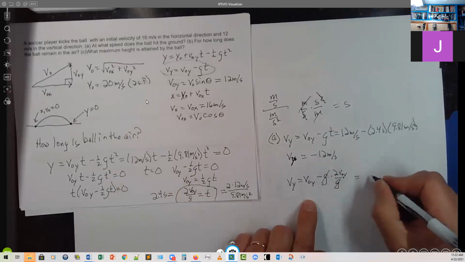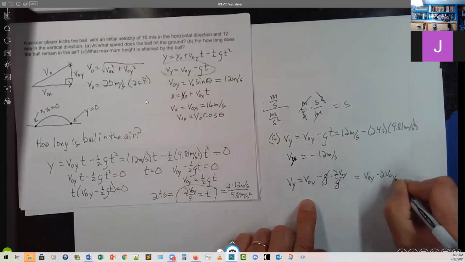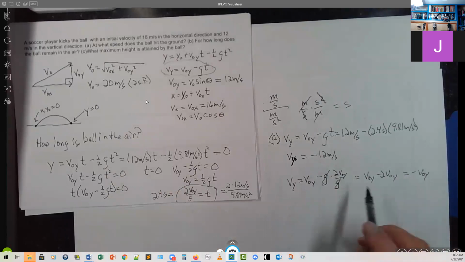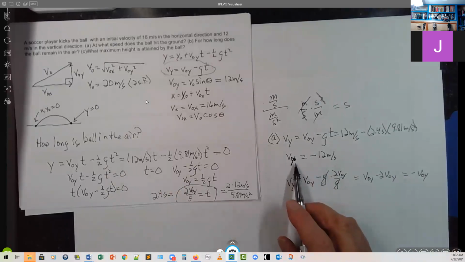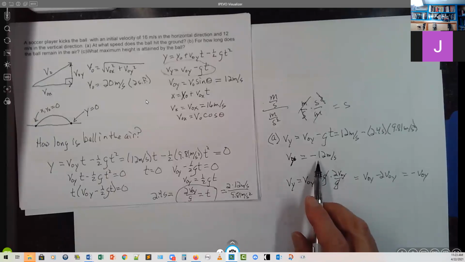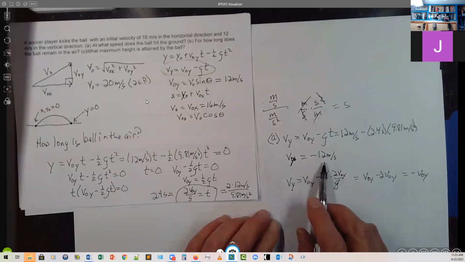And this becomes v naught y minus 2 v naught y, which is minus v naught y. Oh, okay. So when it hits the ground, its downward velocity is the same as what its upward velocity was to begin with. There's a kind of symmetry to this.